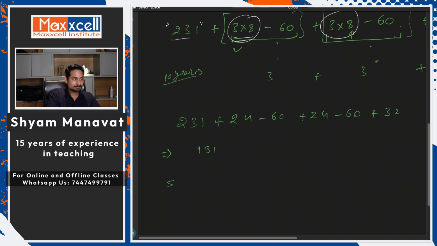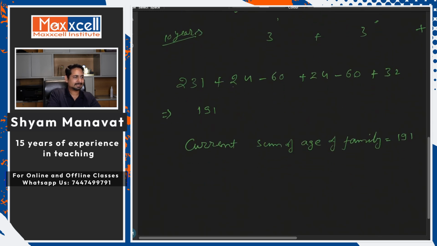So the current sum of age of the family coming to how much? 191. In that case, average will be how much?